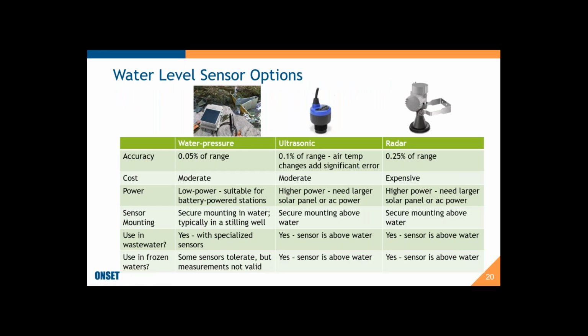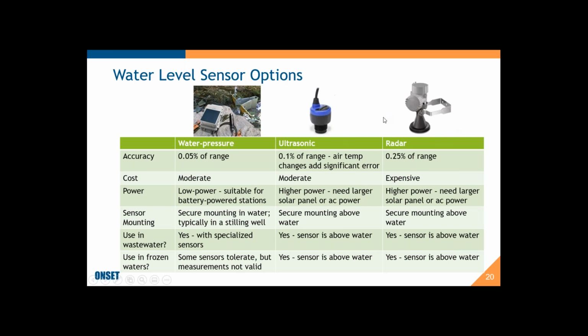The other thing you got to consider when you're setting up a Weir or Flume or stage-discharge curve is the water level sensors. There's a lot of different types, actually. These are the three most common ones: pressure-based water level sensors, ultrasonic, and radar sensors.